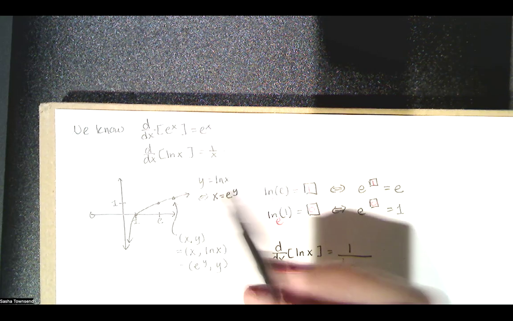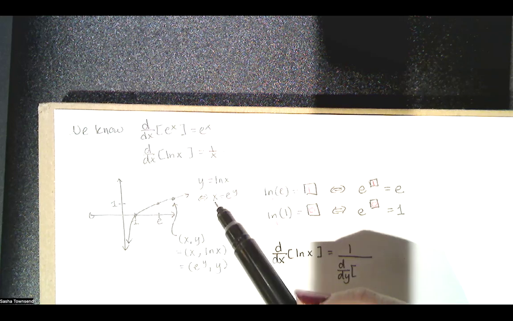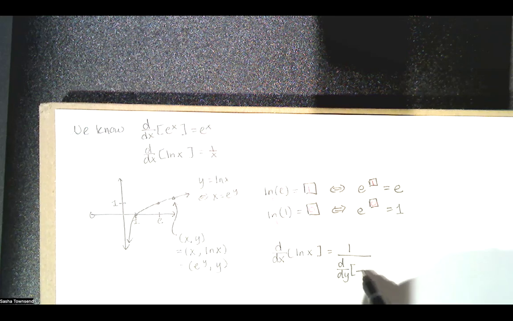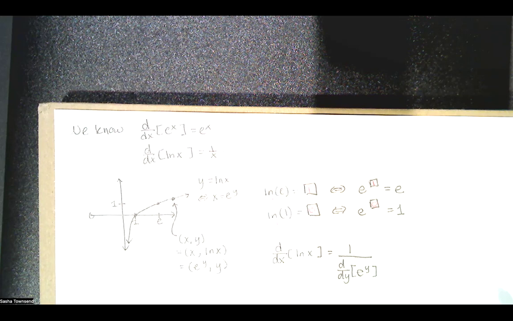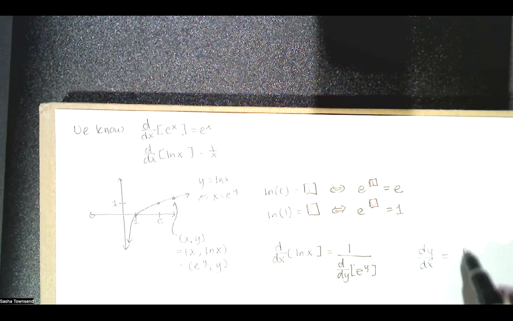So I've got y as a function of x is natural log of x. So the derivative, that's my dy/dx here, where y is natural log of x. And the claim is that that's the same as 1 divided by the derivative of x with respect to y. And x is e to the y. Does that make sense? So I'm just saying dy/dx is 1 divided by dx/dy.